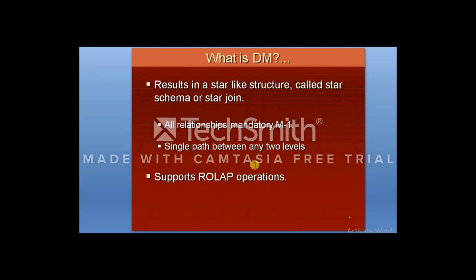These cube columns come from different dimensions, and the fact comes from the fact table. So this kind of model supports our roll-up operation that results in the form of a cube that can be used to analyze our data.